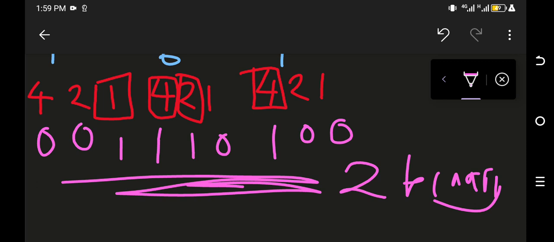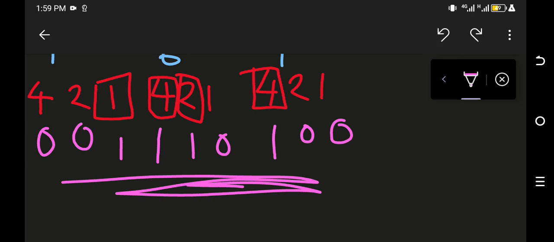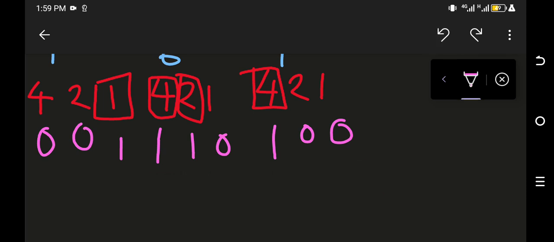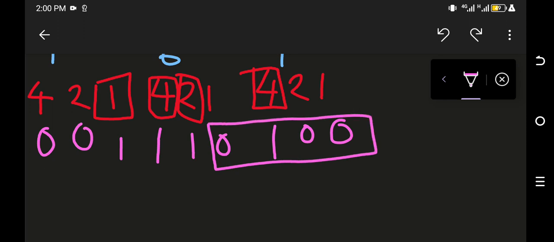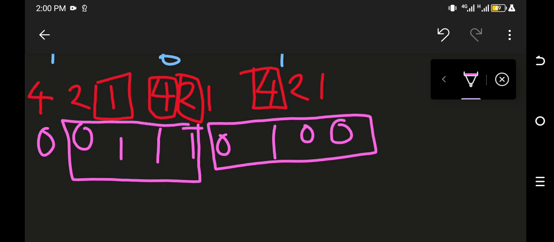Now we have been told to convert into hexadecimal. So what are we going to do? The first thing I'm going to do is group them into groups of 4. Here is my first group of 4, and here is my second group of 4. Let me write them below.